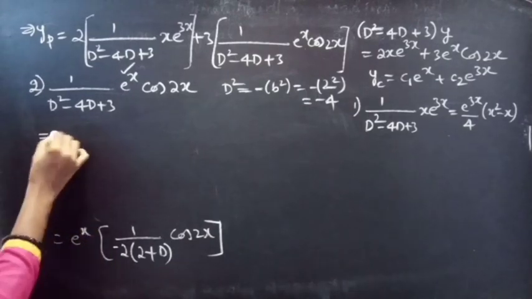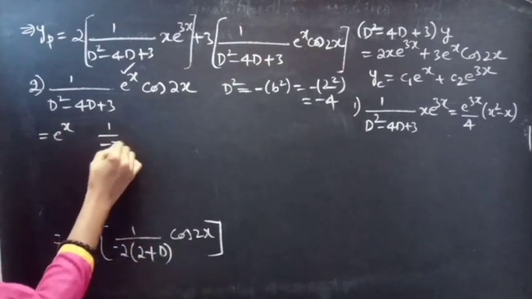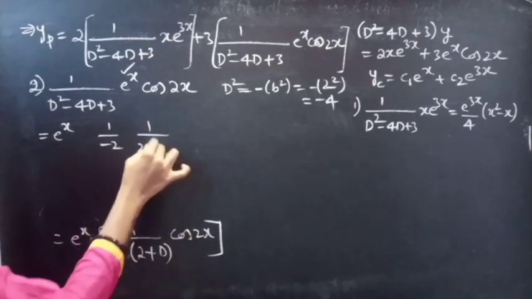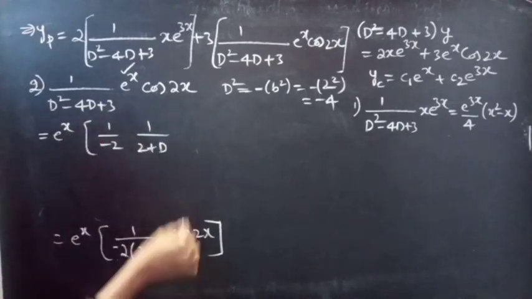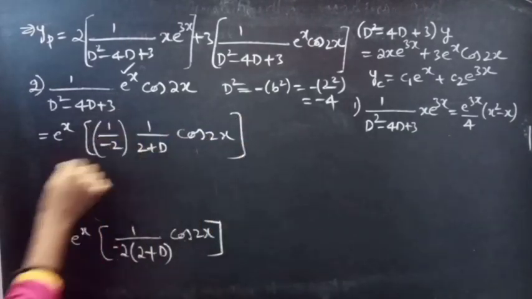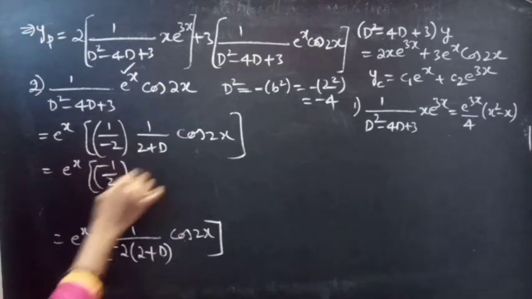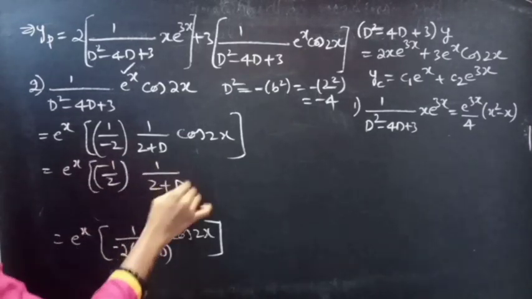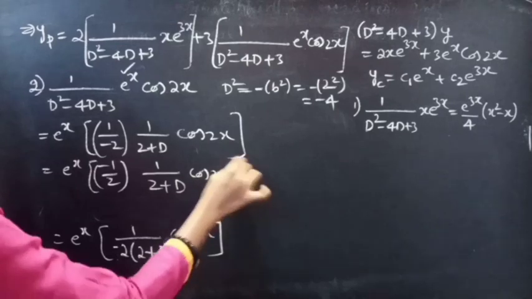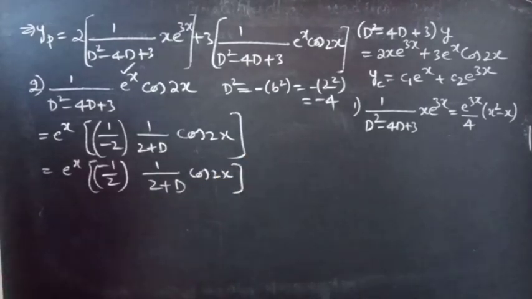This becomes e power x into, we'll split this fraction as 1 by minus 2 into 1 by 2 plus d into cos 2x. Again we can write 1 by minus 2 as minus 1 by 2 into 1 by 2 plus d into cos 2x, right?